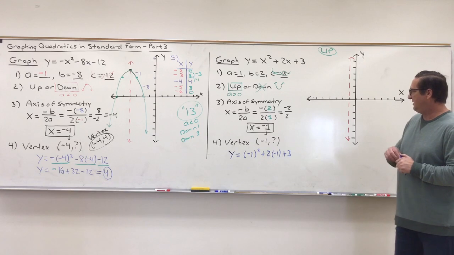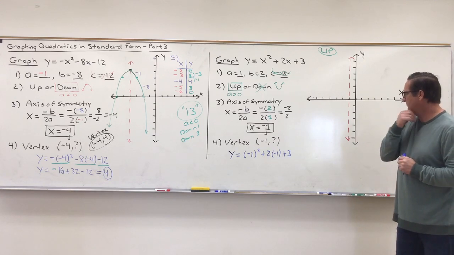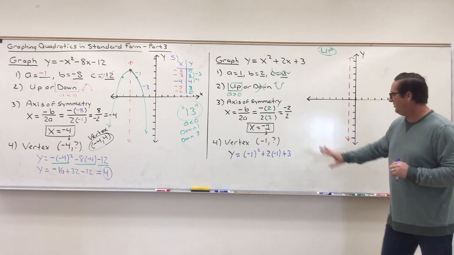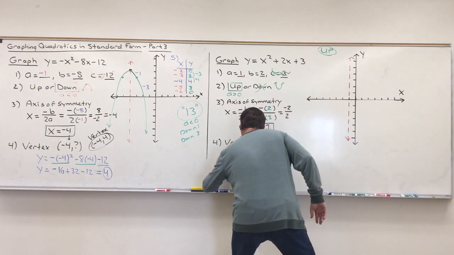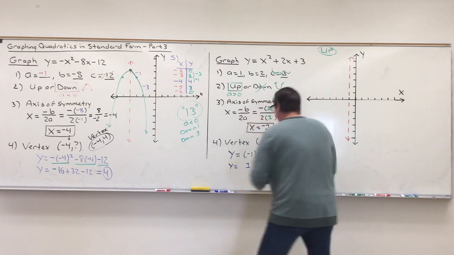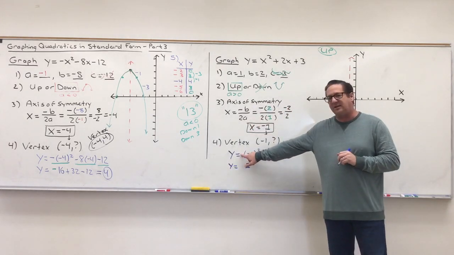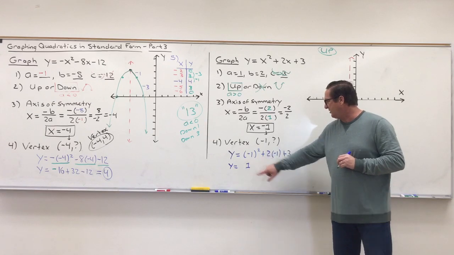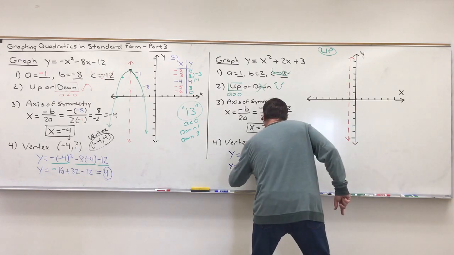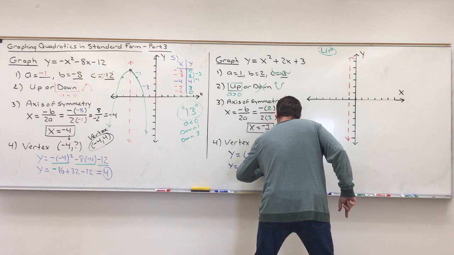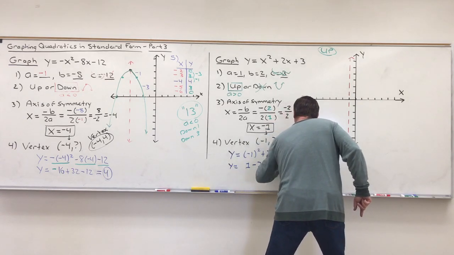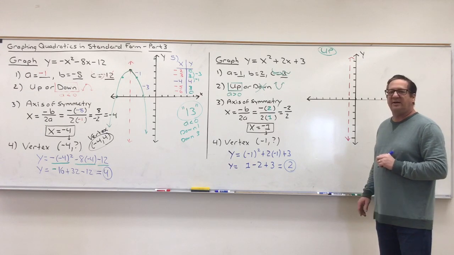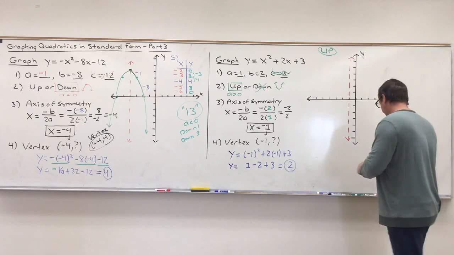So we substitute in. You can put this all into the calculator. If we do order of operations, I get y equals positive 1. No, there's no negative sign on the outside. So protect with parentheses. Negative 1 squared is 1. Minus 2 plus 3. Looks like I get a y value of 2.